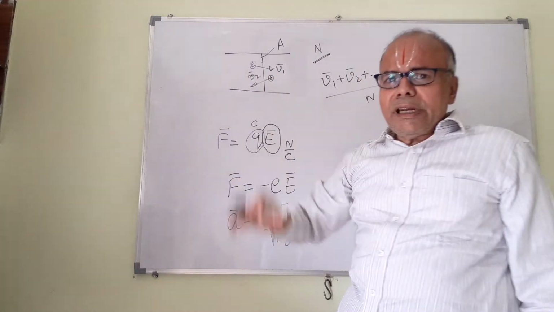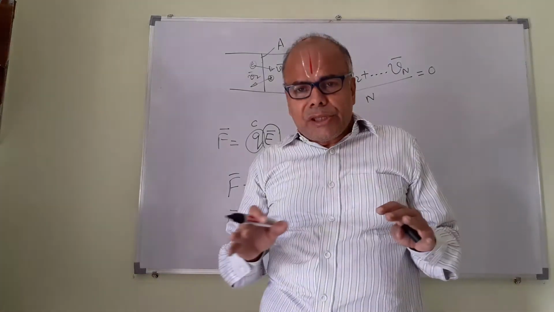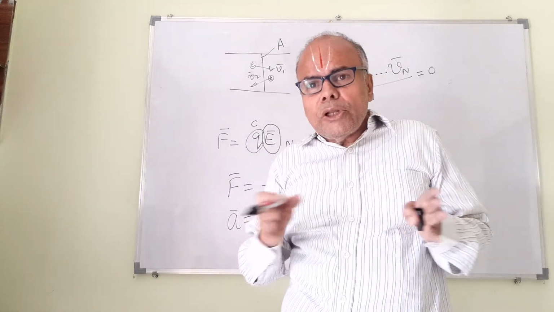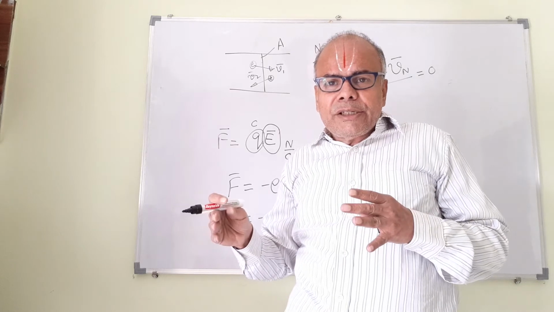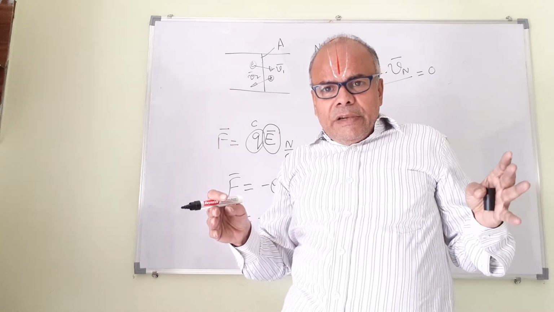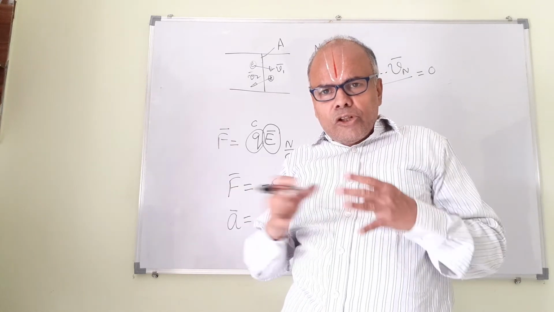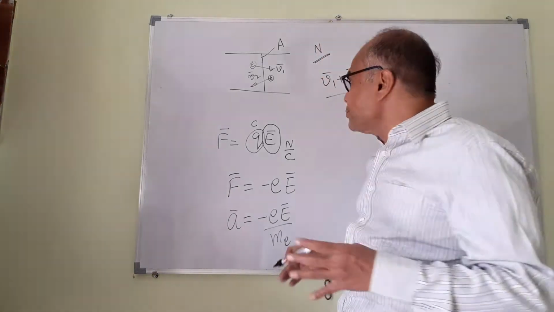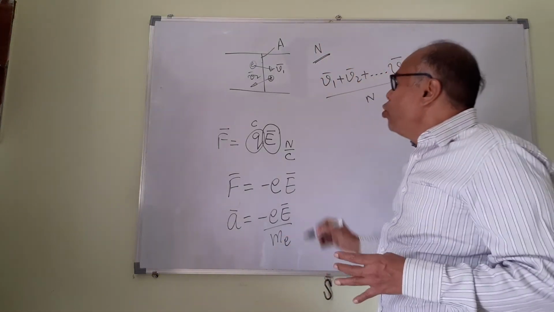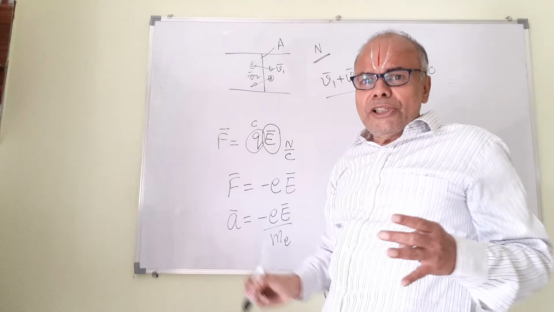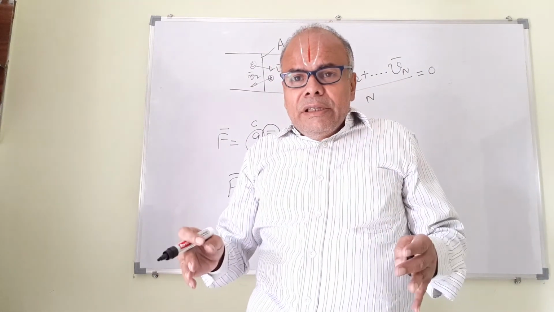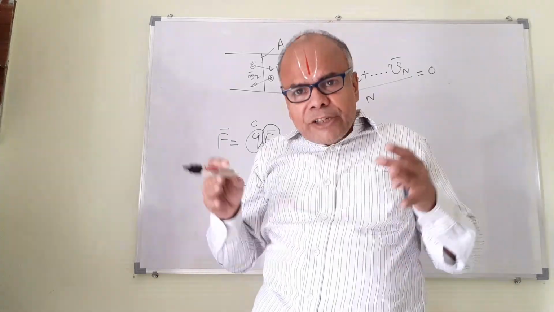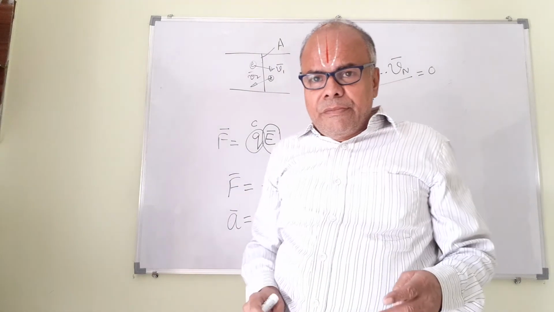Now try to see what is happening. The electrons are in random motion because of collisions. Between two collisions they move in a straight line, but after a collision their path gets deflected like a billiard ball in all sorts of directions. It is between two collisions that the electric field acts on the electron and drifts it.